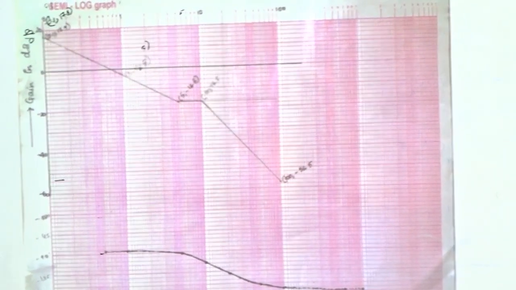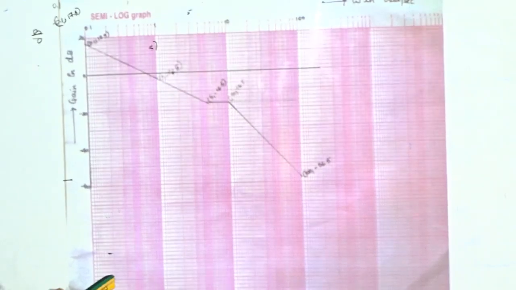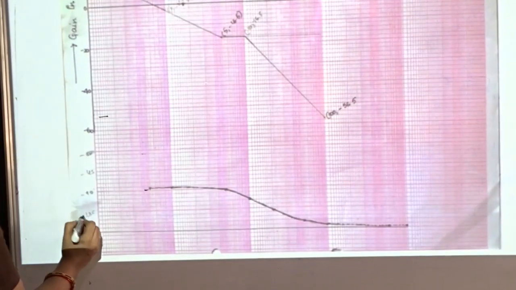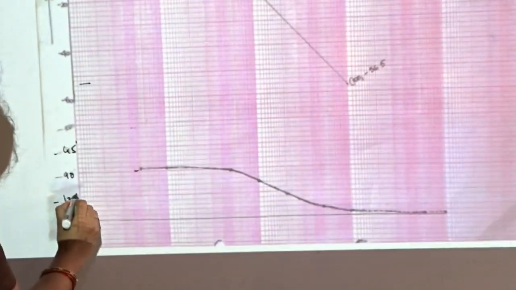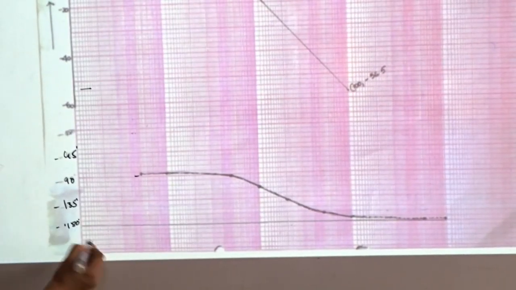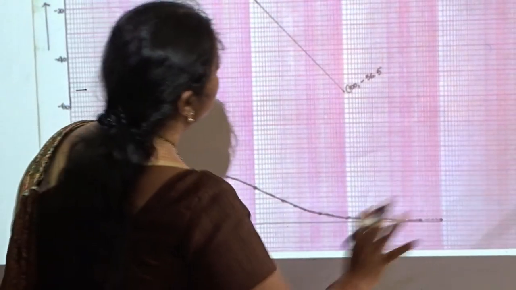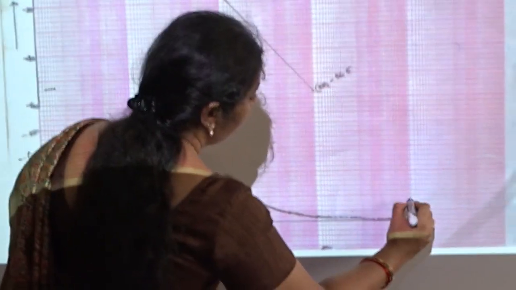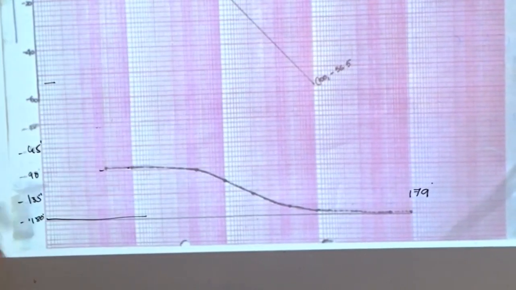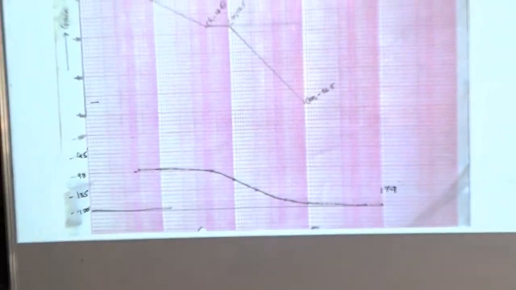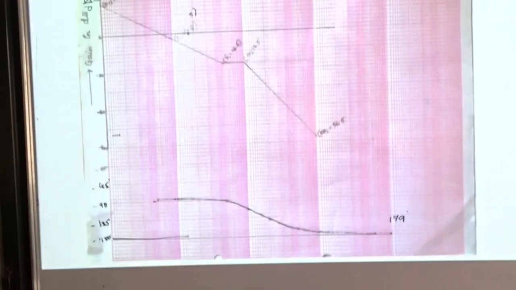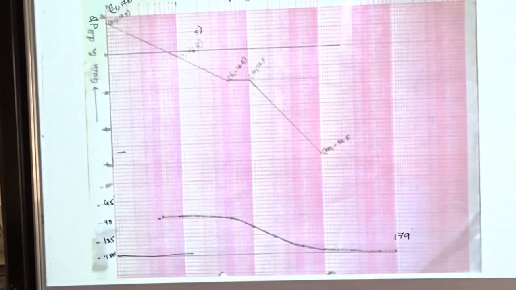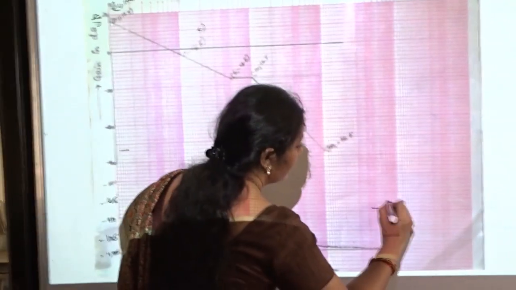After that, you have to mark all the points. This is the minus 90 degree, minus 45 degree, minus 135 degree and minus 180 degree line. Mark all the points. If you continue to 1000 or any value and substitute in the phase plot equation, the phase stays constant at almost minus 179 degrees.